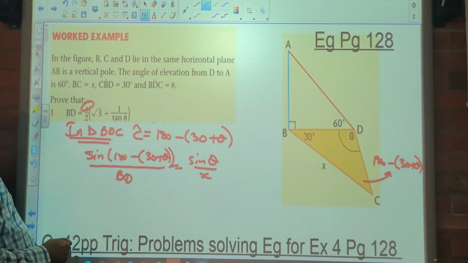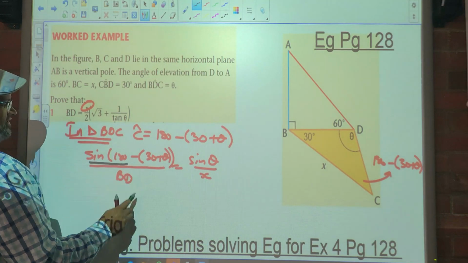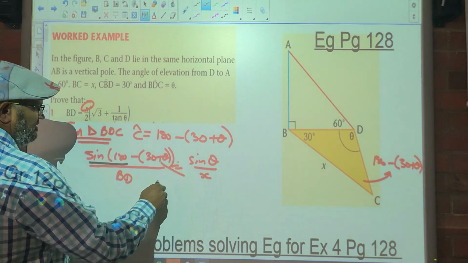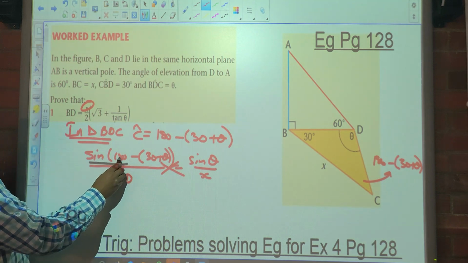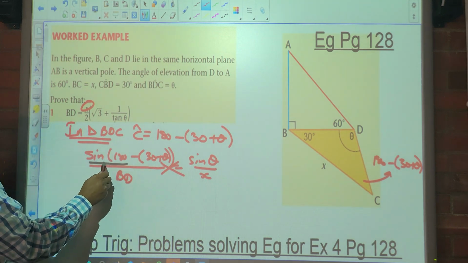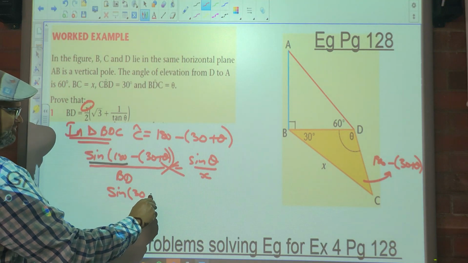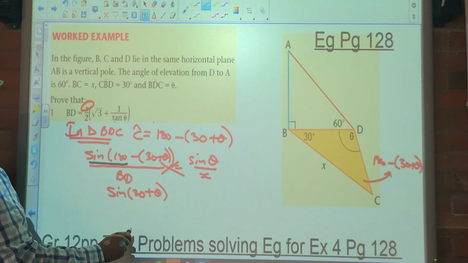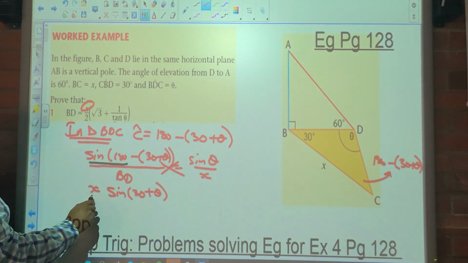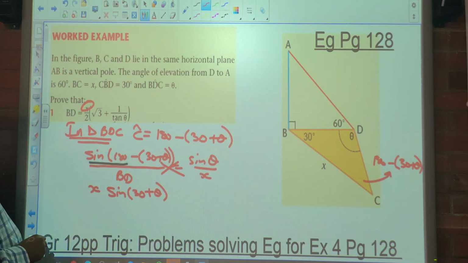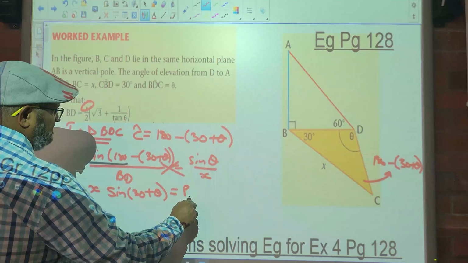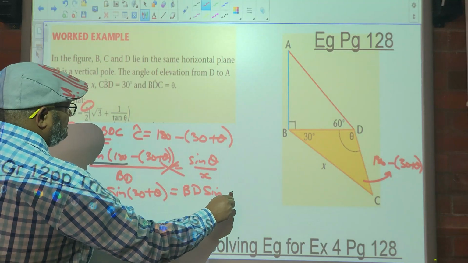So I can reduce that, and I'm going to cross multiply at the same time. So sine of 180 minus (theta plus 30) takes you to the second quadrant. Sine is positive. So it's positive sine of 30 plus theta times x, which is x sine (30 plus theta) equals BD sine theta.